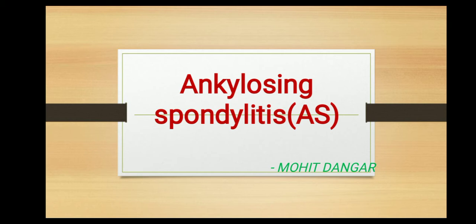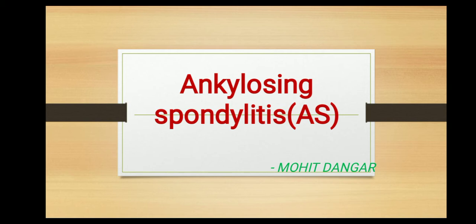First of all, what is the meaning of ankylosing spondylitis? Ankylosing means stiffness. Itis means inflammation, and spondyle means involvement of the spine. So spondylitis means inflammation of the spine, and ankylosis is the stiffness.